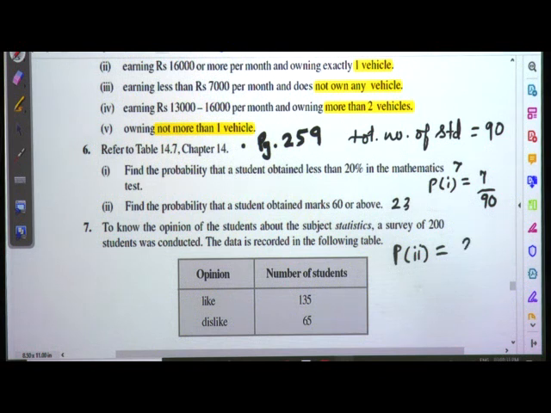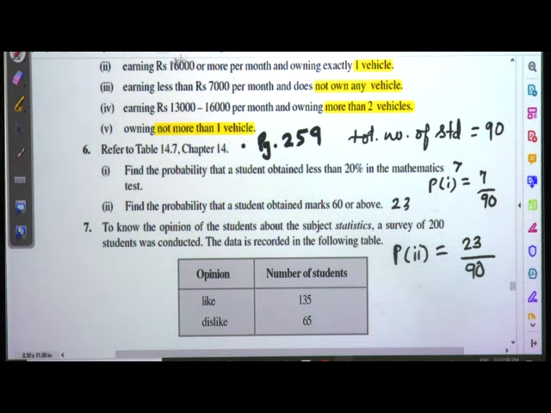The favorable outcomes are 23 upon total outcomes 90. So for the first one, the answer is 7 upon 90, and for the second one, the answer is 23 upon 90. I guess something has gone wrong, I think.